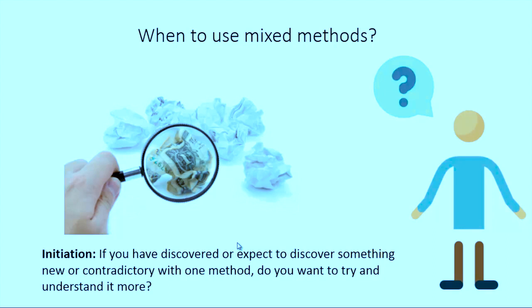Here, if you discover or expect something new or contradictory in one method, you want to explore more with different method. So, for example, we find something different from the previous finding in quantitative study, and we want to know why the study findings are different. And then we use qualitative studies.